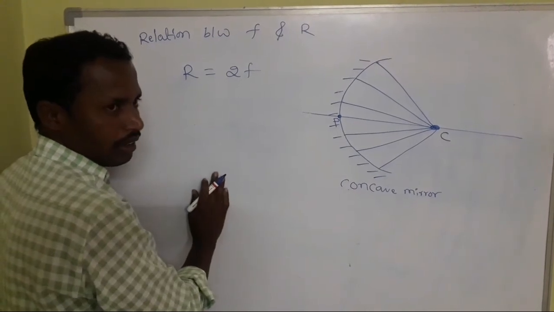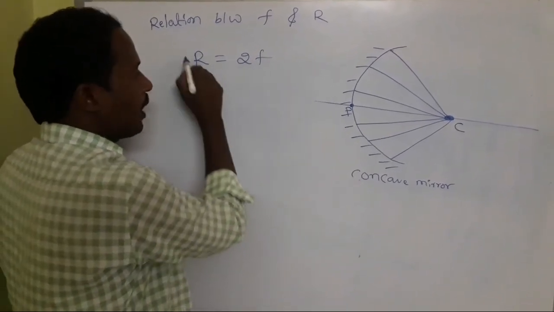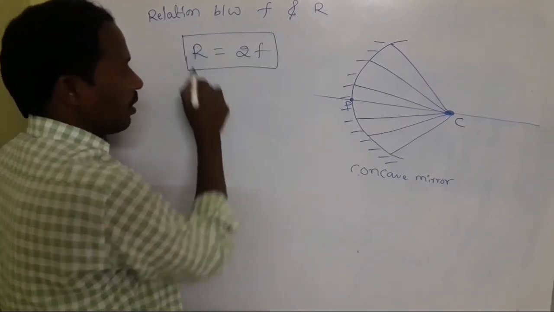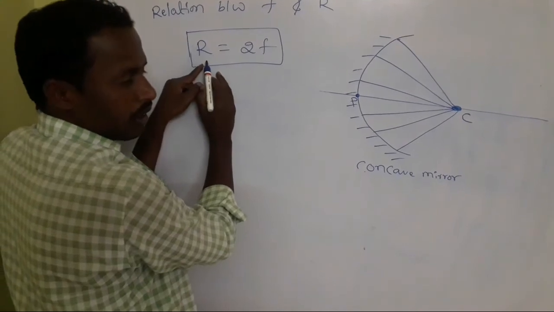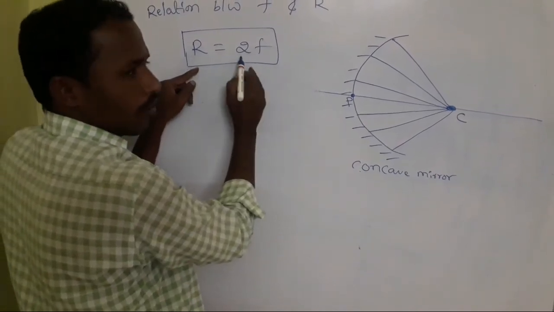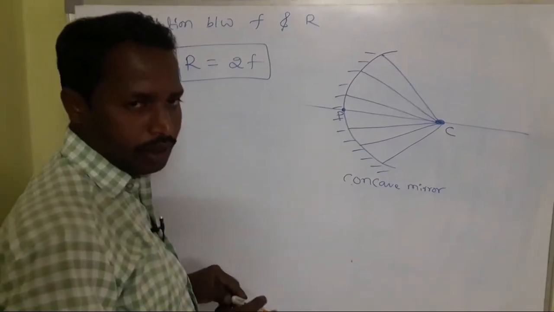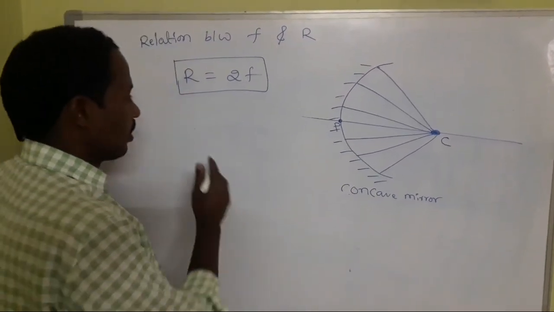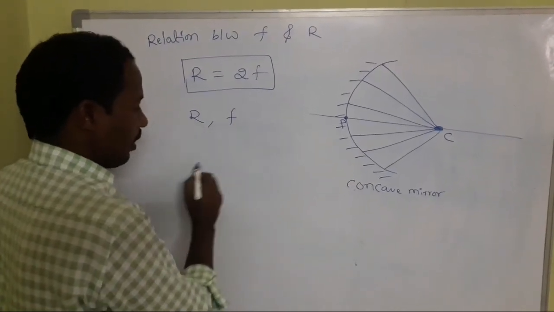It means the radius of curvature is twice the focal length.